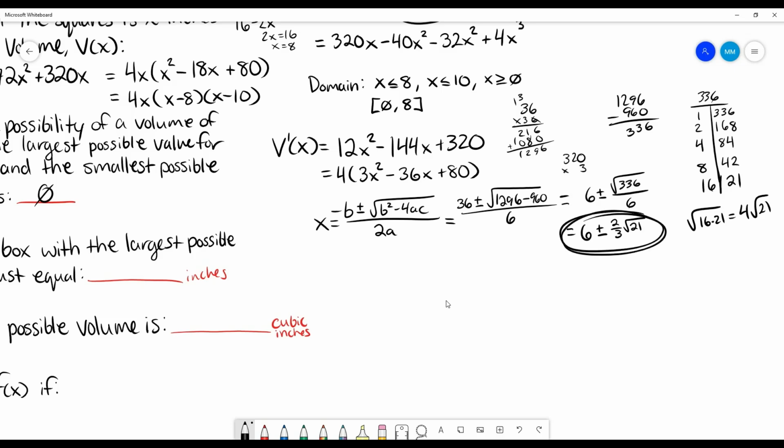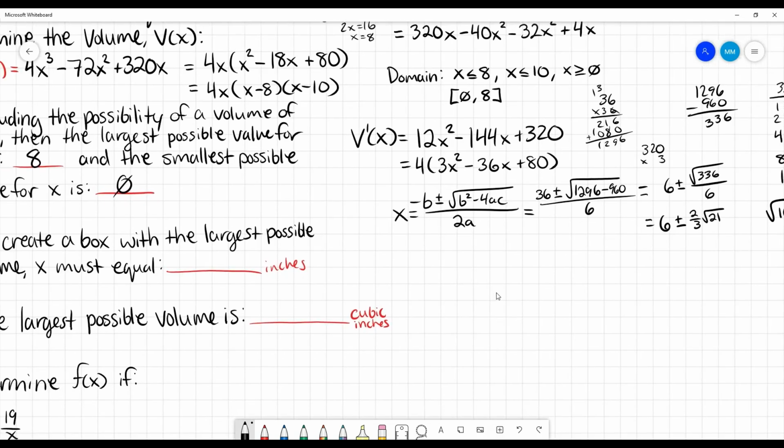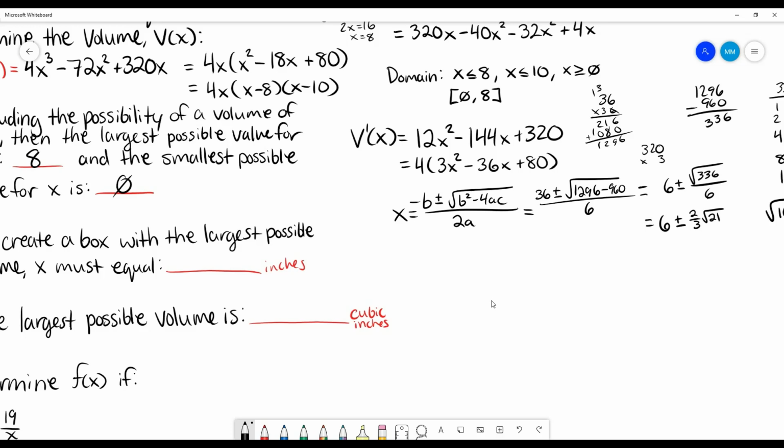So these are my critical values, and we'll have to see which ones are on our interval, which ones are on our domain. So if x could equal either of these, which one's on our domain? Oh, that's really hard to think about in my head.